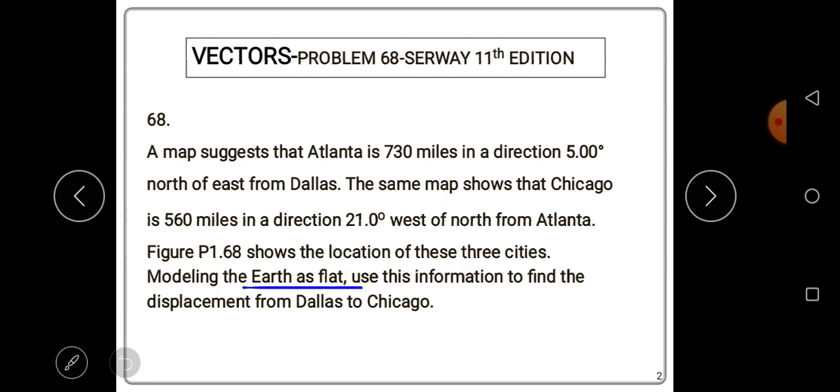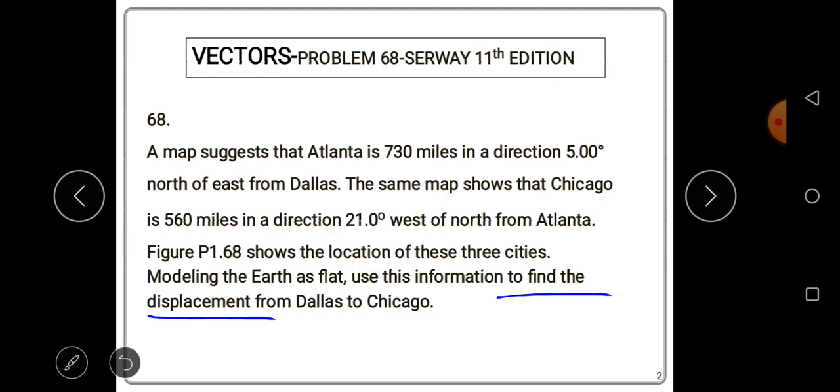Modeling the Earth as flat, or in short, assuming or taking the Earth to be flat, use this information to find the displacement from Dallas to Chicago.